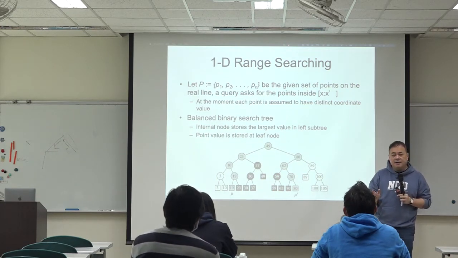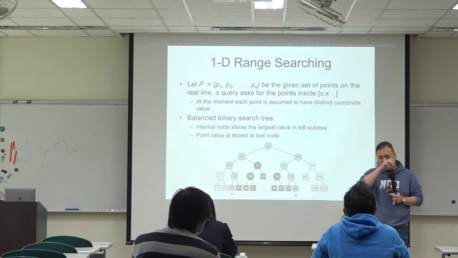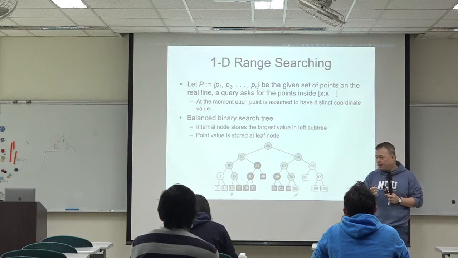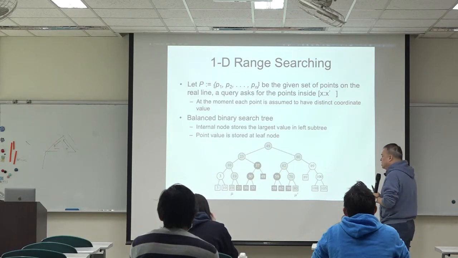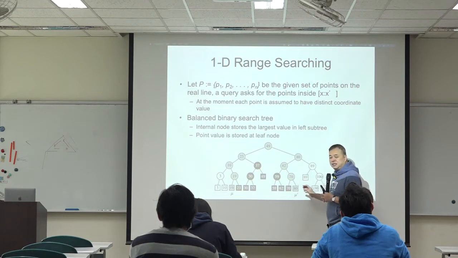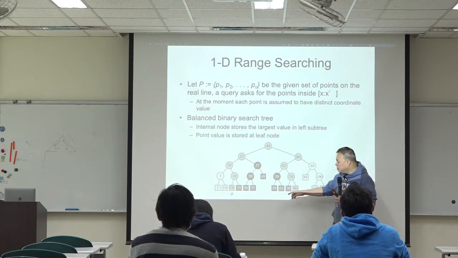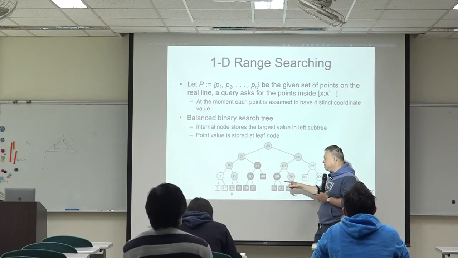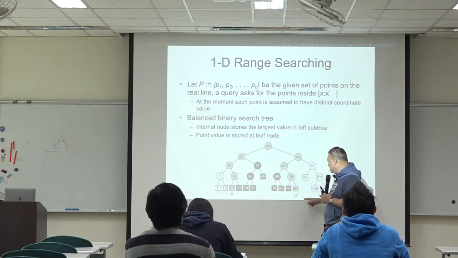So what you want to find is the smallest point in this range and the largest point in this range, because mu is the smallest point between 15 and 75.